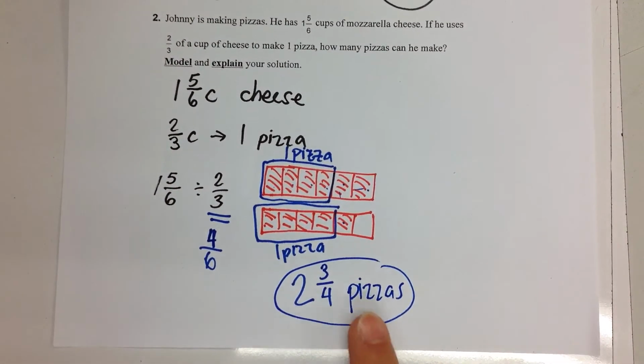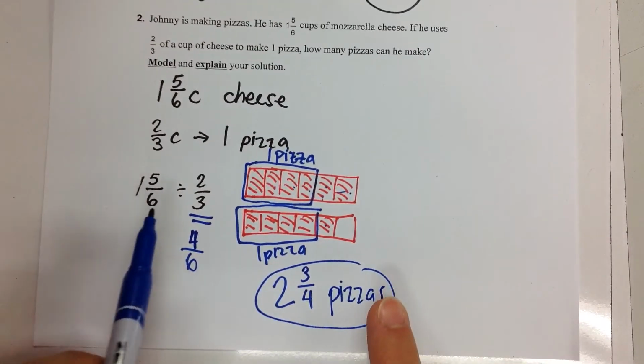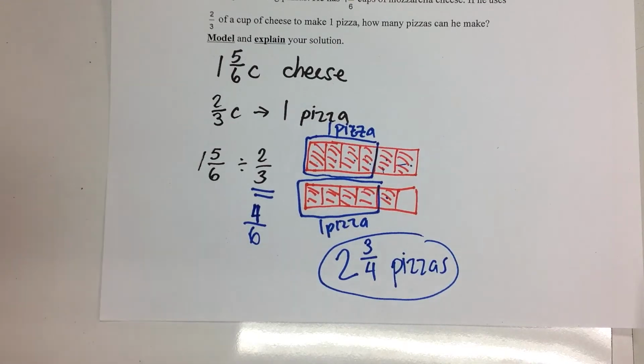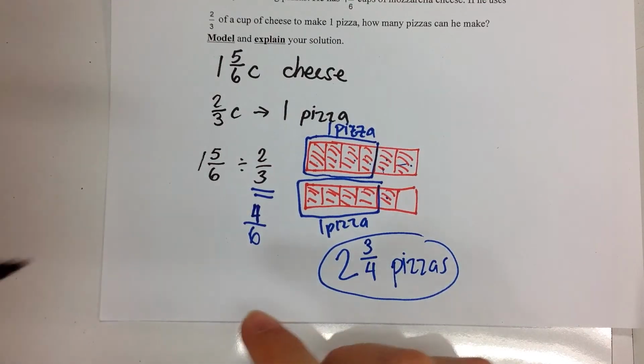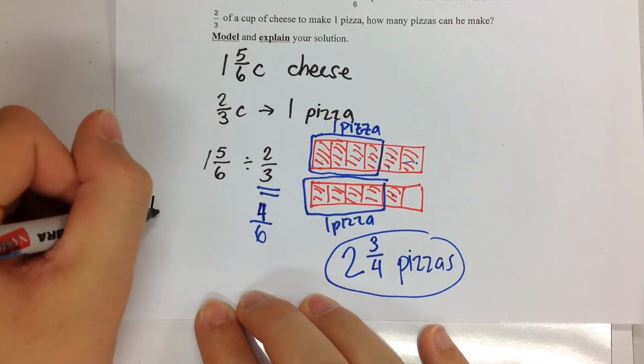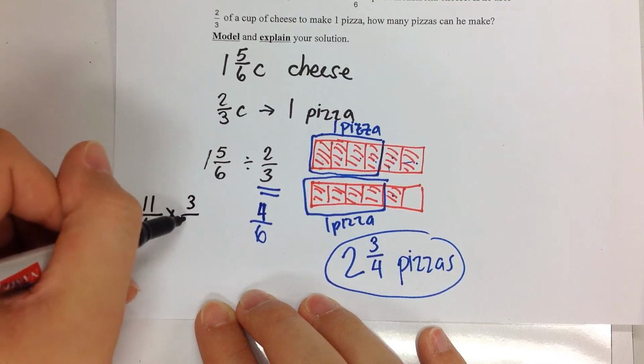I can check my answer for my model by doing the actual division. So I'm going to go ahead and do 1 5/6 divided by 2/3. So again, got to turn 1 5/6 into an improper fraction. So that's 6 times 1 plus 5, so that's 11/6 times 3/2.